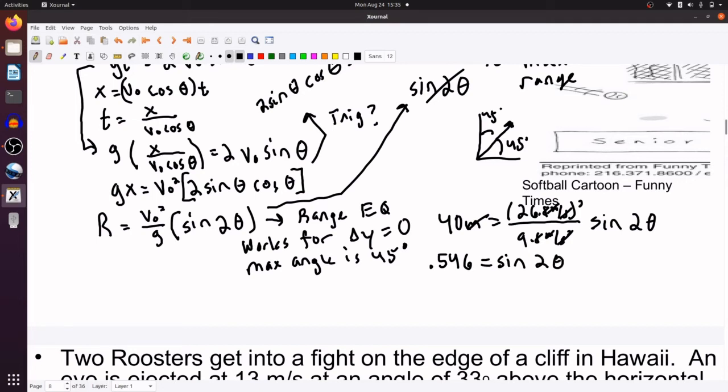So I have 0.546 equals the sine of 2 theta. So then I have to take the inverse sine of 0.546. And when you take the inverse sine of this side, it cancels out your sine. And so that'll be equal to 2 theta. So when I take the inverse sine of that number, I get 33.